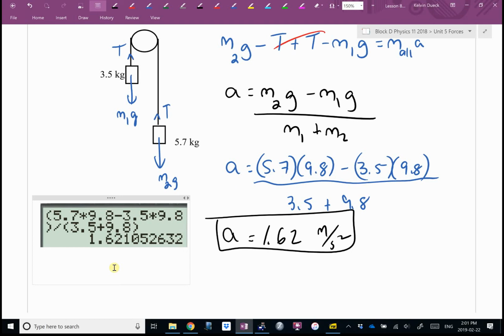I even pasted my calculator in there so you can see what I got to all the sig figs. Am I wrong? A couple more minutes. I've done a bunch of these.